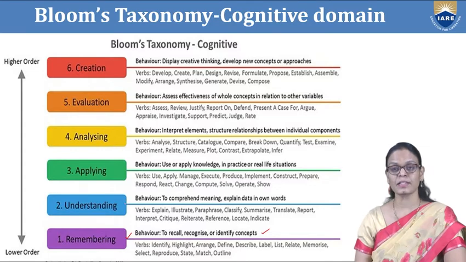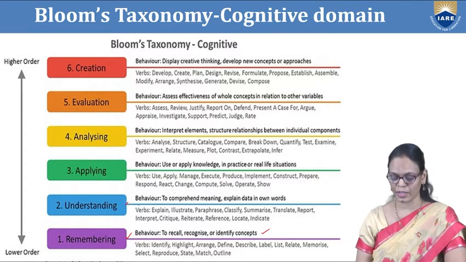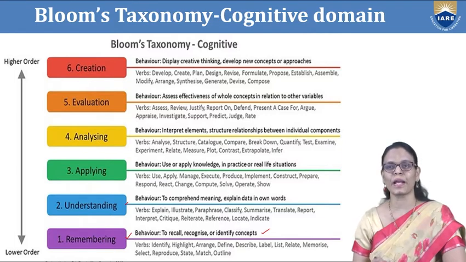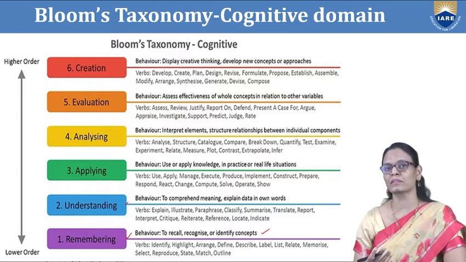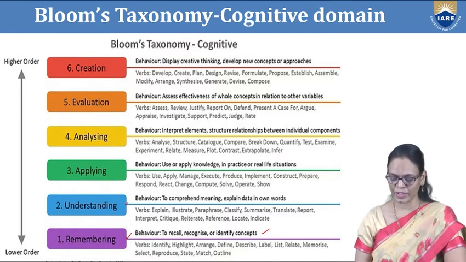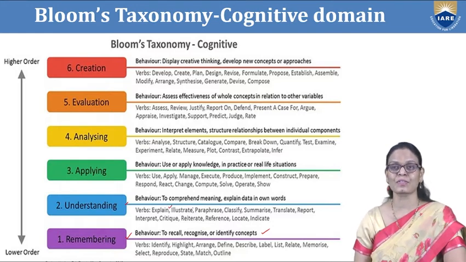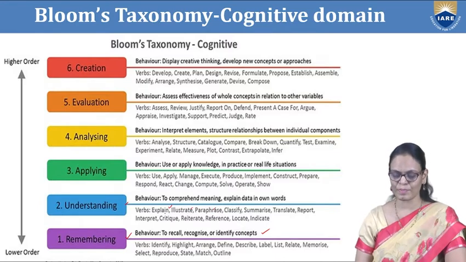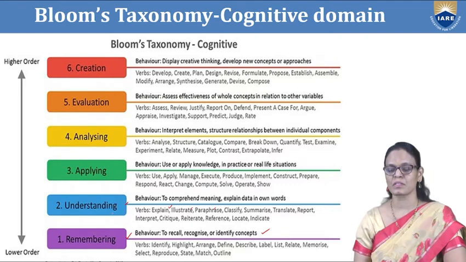Then comes the understanding level, where we try to see whether the student is able to comprehend the meaning and explain what the concept is in his own words. For that we use the verbs explain, illustrate, paraphrase, classify, summarize. All these verbs are used to test the understanding level of the subject.